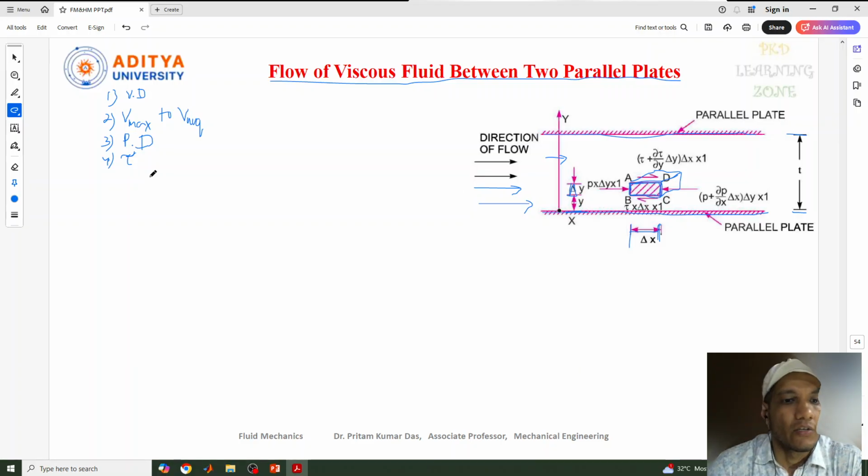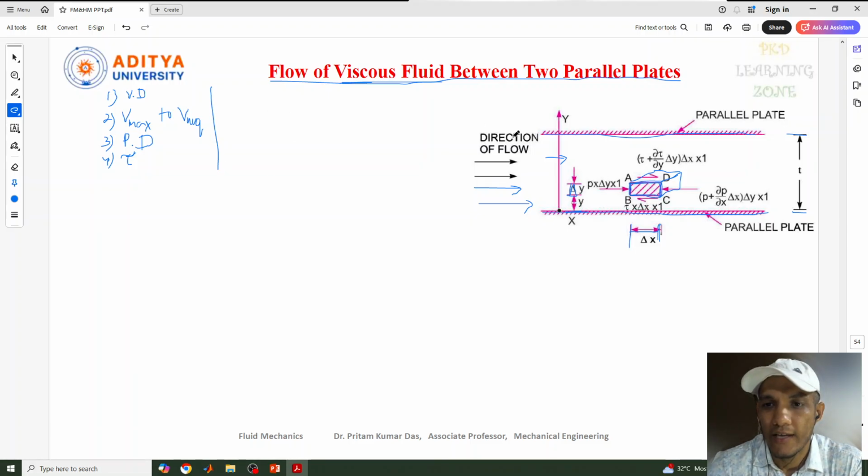Now, when the viscous fluid is flowing through these two parallel plates, there are certain forces acting on this fluid element. What are the forces going to act on it?